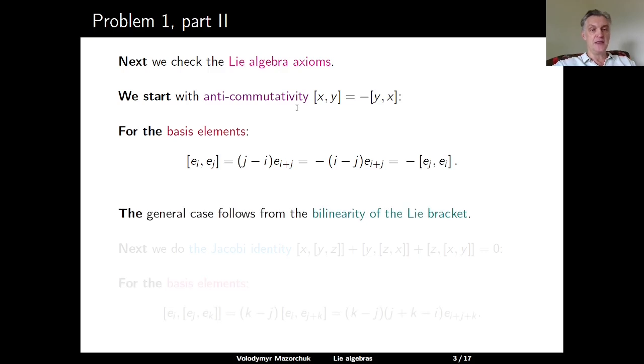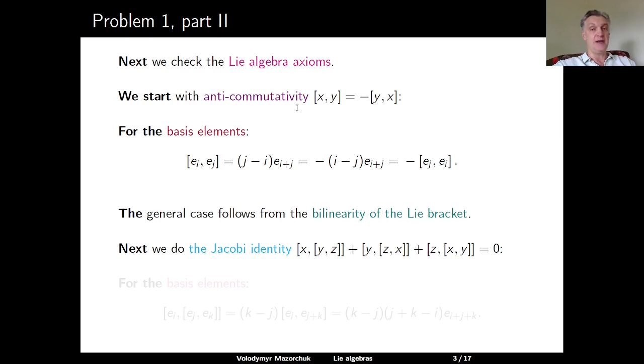And then the general case follows from the bilinearity of the Lie bracket. Next, let us check the Jacobi identity, that the bracket of x with the bracket of y and z, plus the bracket of y with the bracket of z and x, plus the bracket of z with the bracket of x and y is equal to 0 for all elements x, y, and z of our Lie algebra.